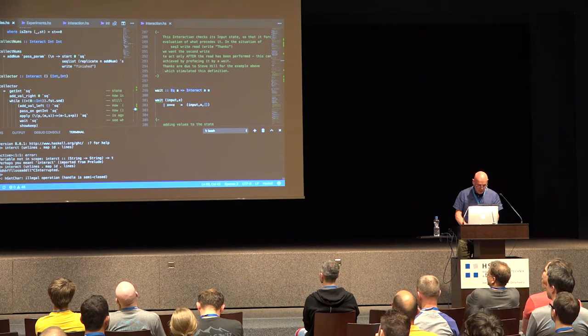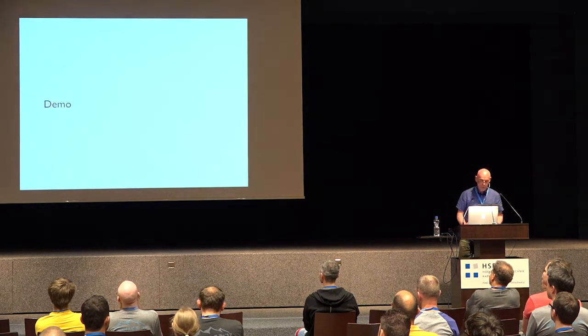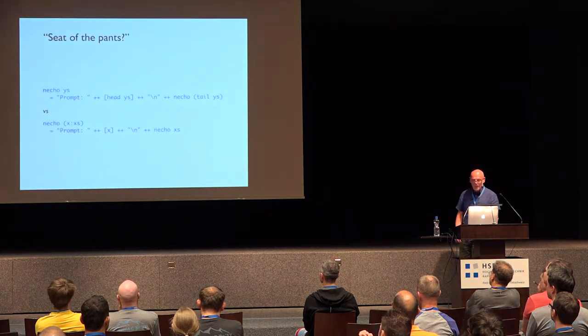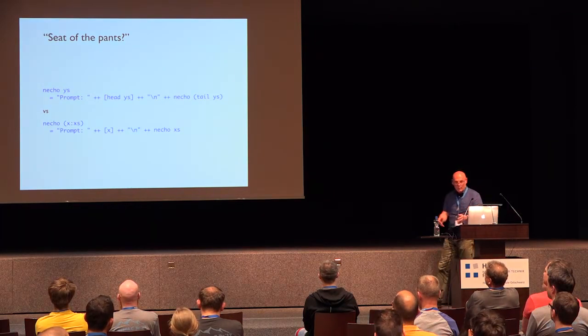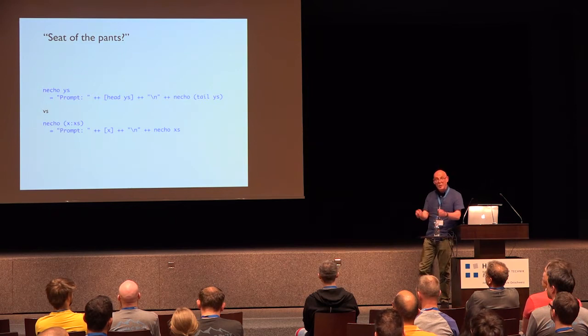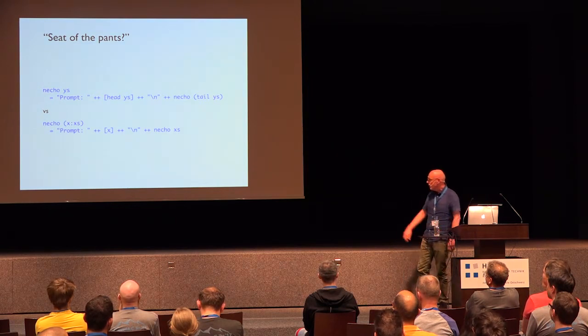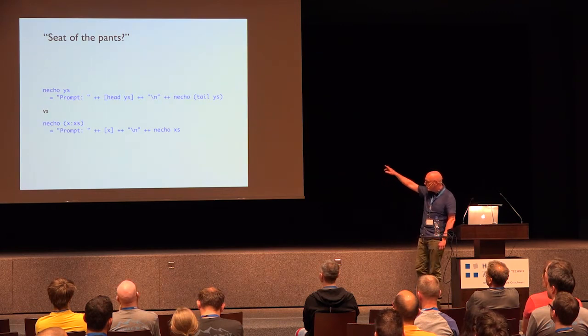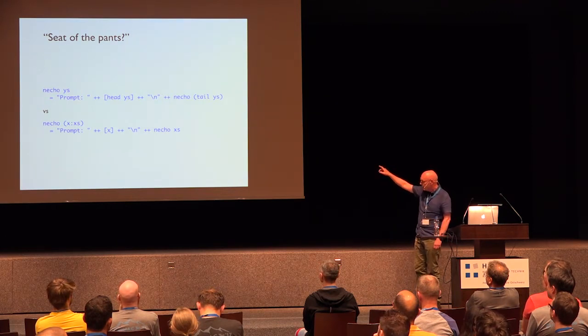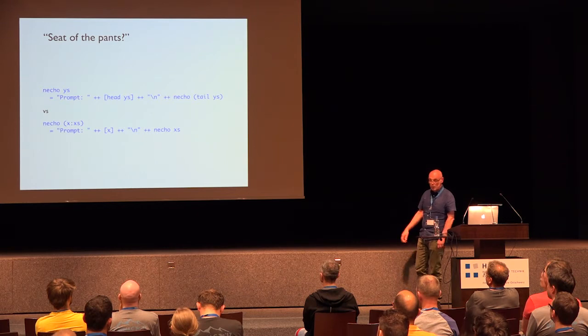So let's go back to where we were. That's demo. So if you're writing these programs by the seat of your pants, as it were, you're thinking, I'm just going to write this function from strings to strings, you're going to get a difference depending on whether you write your program like at the top or at the bottom.